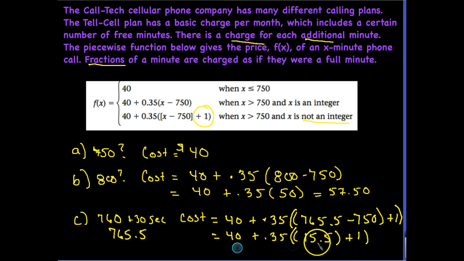What we want to do is take 15.5 plus 1, and we would get 40 plus 0.35, and we're going to add a minute because that's what it says. Fractions of a minute are charged as if they were a full minute. So we are going to take this and make it 16.5, and then we can do our math.